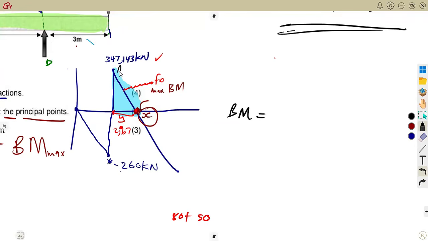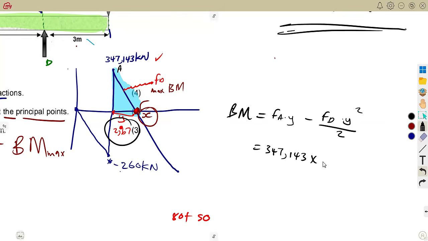This force here, let's say this is your point A. So you call FA times y minus the distributed load times y squared over 2. Our FA was going to be 347,143 times y, the one that we calculated, 2.67, minus the distributed load.